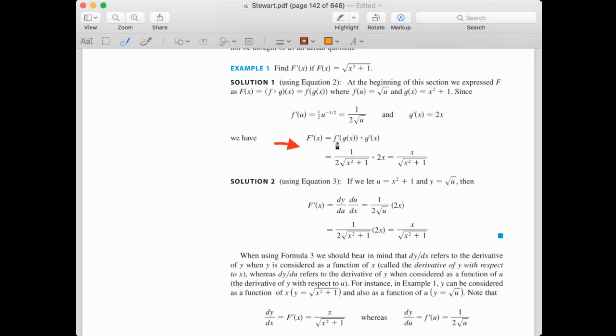So that's why for little f prime, we get 1 over 2 square root of x squared plus 1. So this is f prime of g. There was g prime. G prime is the derivative of x squared plus 1. That's 2x. So multiply by 2x. Multiply 2, simplify with a half, becomes 1. So in the end, we'll get x divided by square root of x squared plus 1.